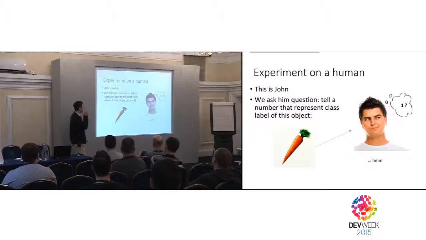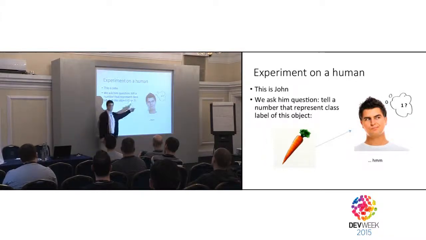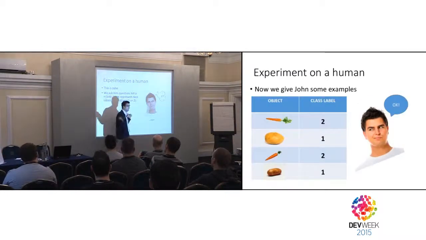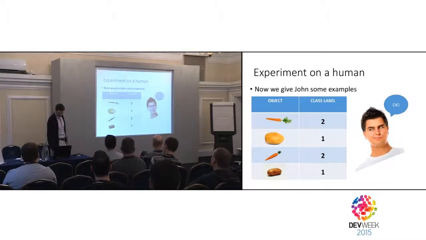Suppose there's a man called John, and we ask him a question: tell a number that represents the class label of this object, 1 or 2. John, who is virtually standing here, has no idea what the class label for the carrot is, and he says 1. So he just gives us a random response.